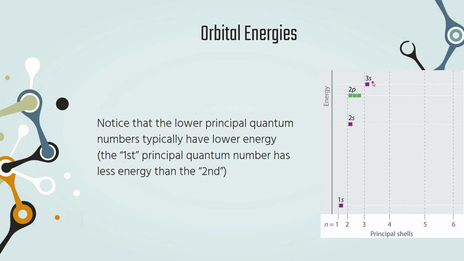Regardless, they're both lower than what comes next, the 3s. So in general, that number out front tells us kind of about how much energy an orbital has. 1 is lower than 2, which is lower than 3, and so on and so forth. And this corresponds pretty much to those n values we used for the Bohr model, saying what each shell was away from the nucleus.